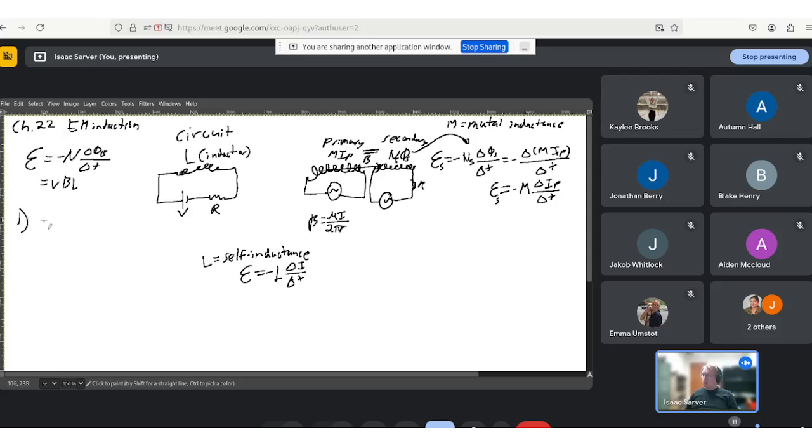So one way to think about what an inductor does is that it stores current. Another way to put that is that it tries to keep current constant.